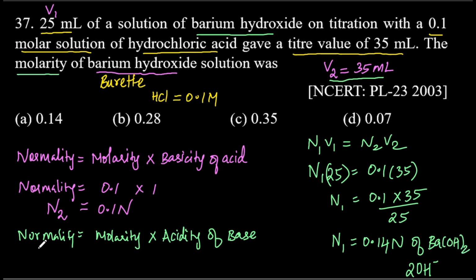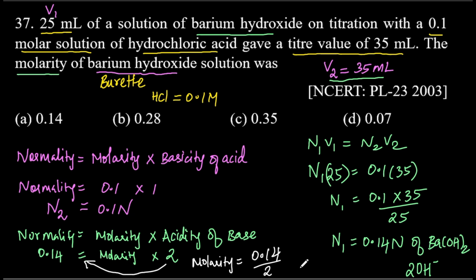So normality 0.14 is equal to molarity into 2. So you have to find the molarity. If you rearrange this, you will find the molarity of Ba(OH)2. Molarity is equal to, you have to take the 2 to that side, 0.14 divided by 2, which is nothing but 0.07 M. So the correct option is option D.